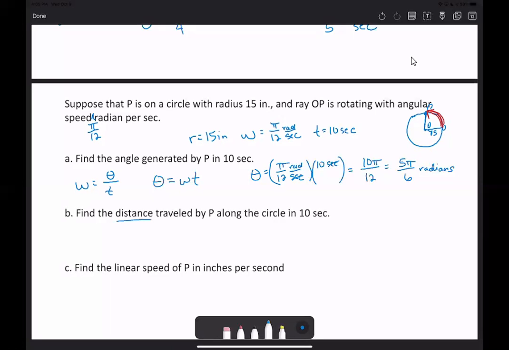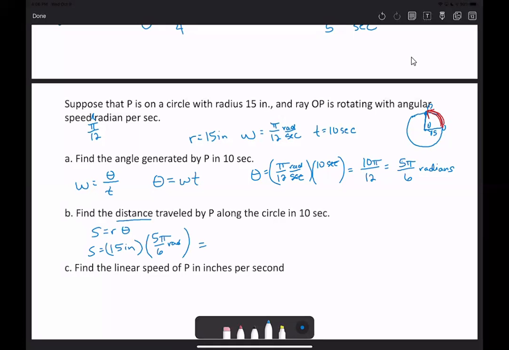Find the distance traveled by P. Remember, distance is from the previous section, 3.2. That formula is s equals r theta, where s is the arc length, r is the radius, and theta is your angle. So we substitute the radius, which is 15 inches, and theta, which we found in the previous part, 5 pi over 6 radians.